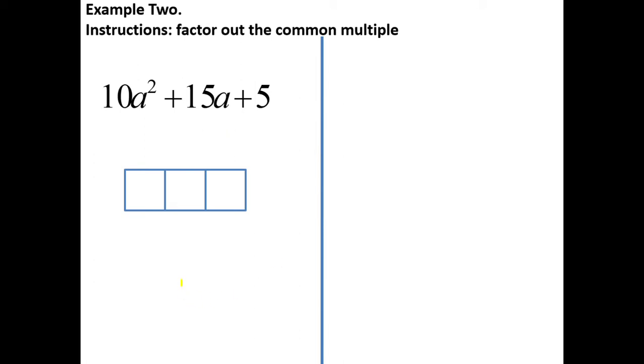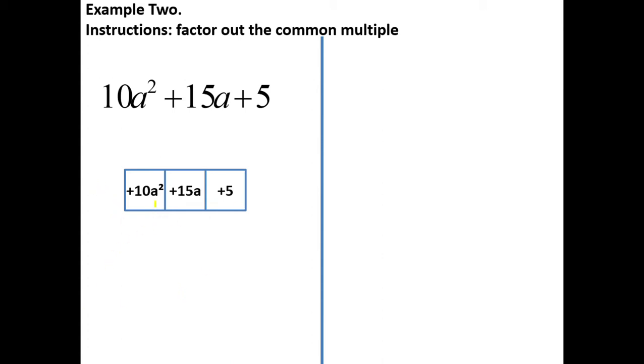So 10a squared goes into your first box, 15a goes into your second box, and our third box is a 5. Because there were three terms here, three things being added together in our polynomial, we needed three boxes to put it into. Okay, so let's see what we can pull out of all three of these.